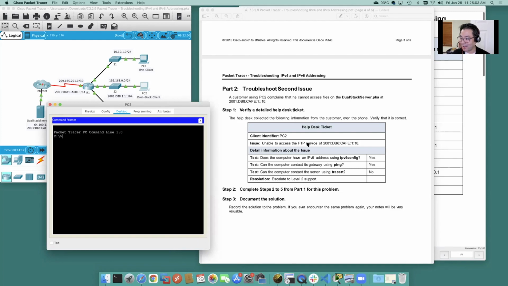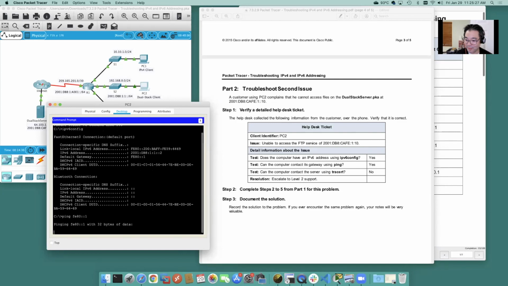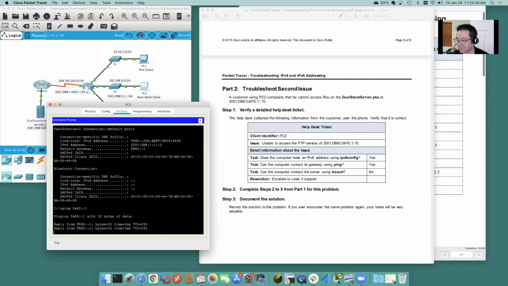Okay, unable to access the FTP service. Does the computer have IPv6 config? Yep, 1:2. Default gateway, well, yeah, the link local address of the router there. Yeah, more than likely, yes.